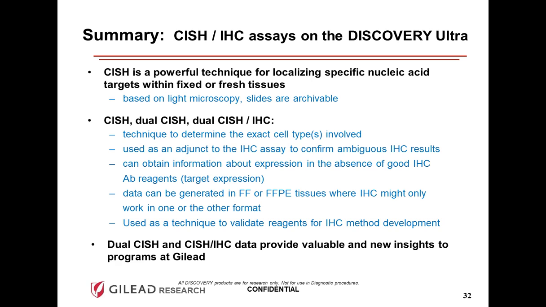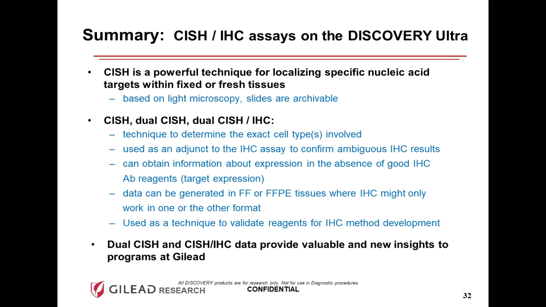Using CISH or dual CISH or dual IHC and CISH, it really allows you to determine exact cell types involved. Not only does it help you identify cell types, but also subtypes of specific cells. We've used them as an adjunct to IHC assays, confirming ambiguous IHC results, or also confirming expression when we don't have a good IHC reagent.